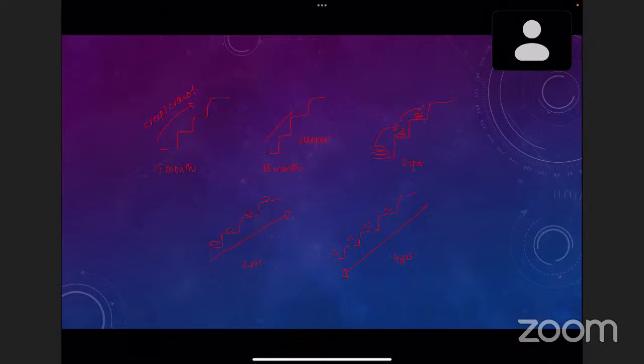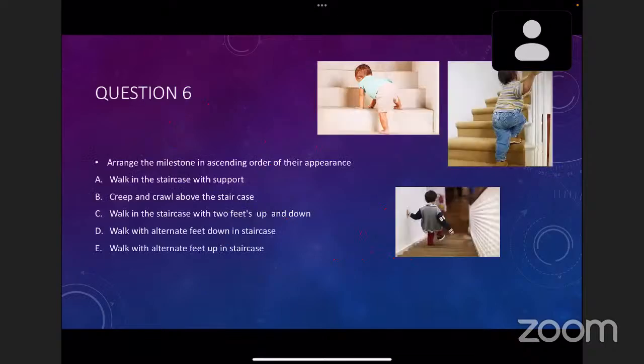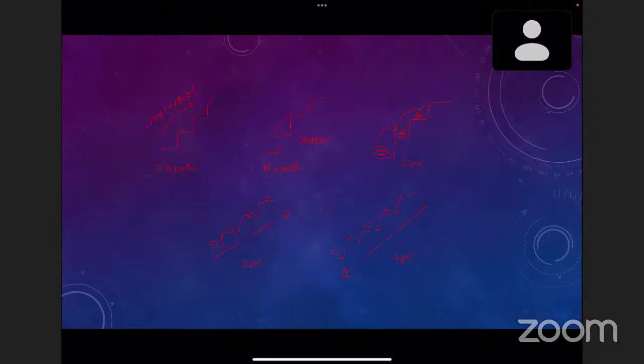At the age of 3 years, the child will use alternate steps to move up, and down by 4 years. So the options here: first is creep and crawl, second is support, then 2 steps, then upward, then down. In this way you have to arrange the options. I guess you got it.